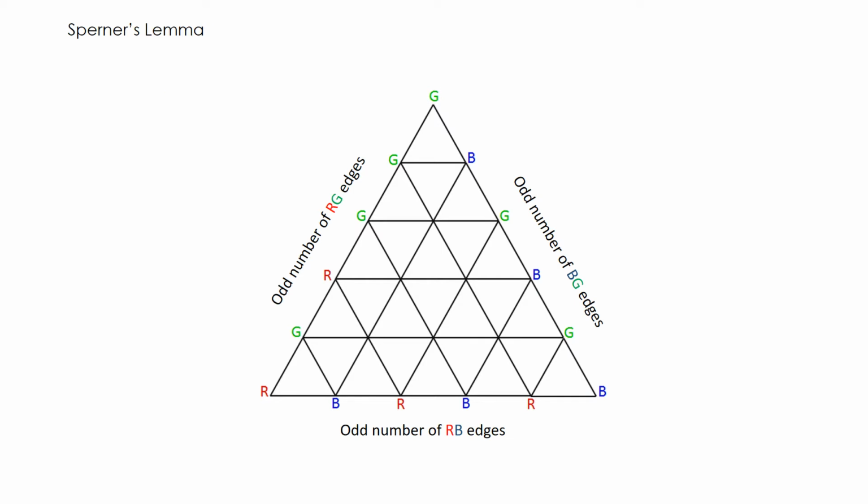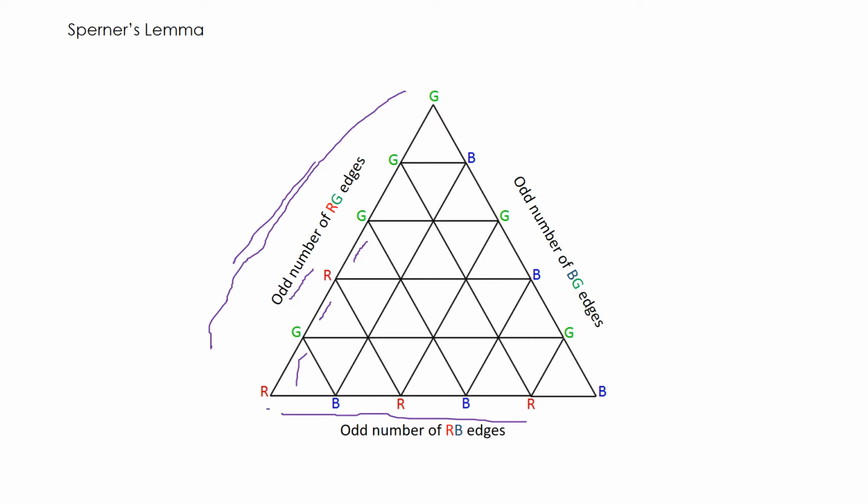Now notice that in this RG edge, we only have an odd number of smaller RG edges. So consider this large RG edge here. We have 1, 2, 3, which is an odd number of smaller RG edges. Now consider this one.